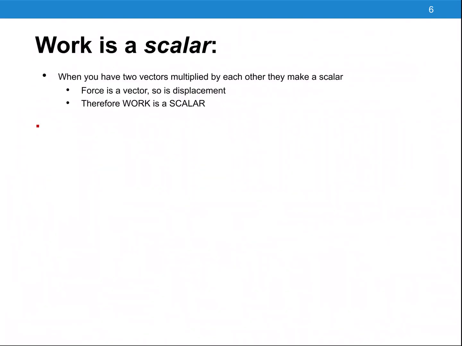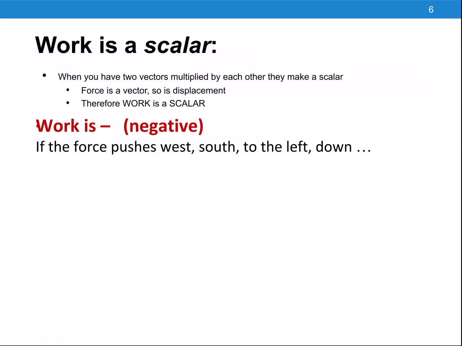So something that might be a little bit of a surprise is that work is a scalar quantity. But when you think about how you calculate work, it makes sense because you're multiplying two vectors together and they essentially cancel out their vectorness, making a scalar quantity. Work does have the same signs as force because force is used to calculate it.